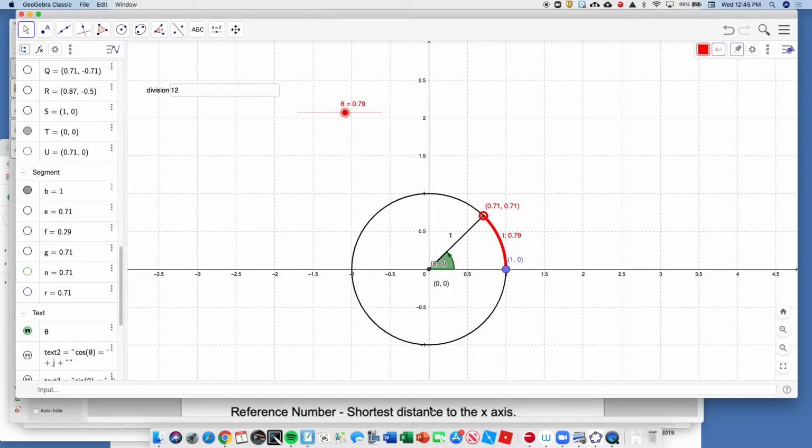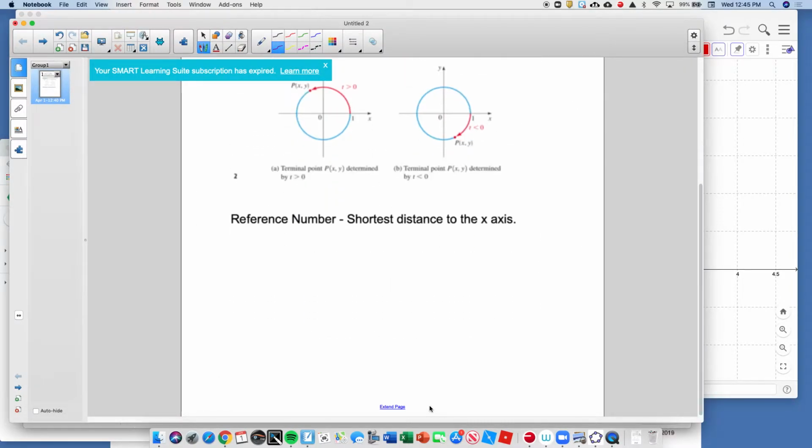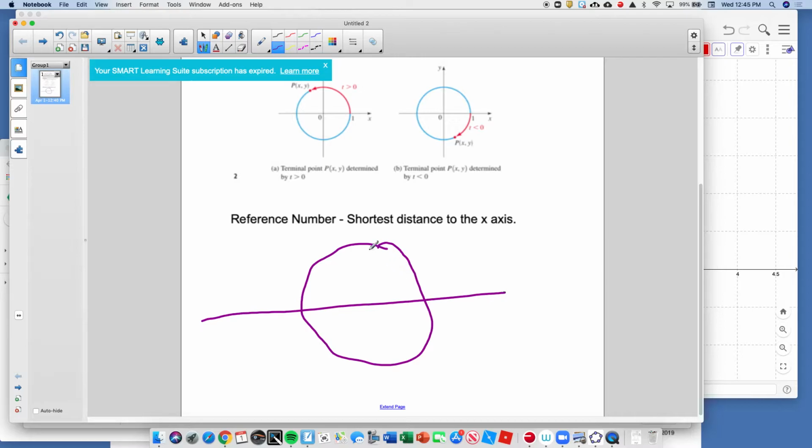Let's see if we can get that idea going down here. So if I have my circle centered at the origin, we know that this location is pi.